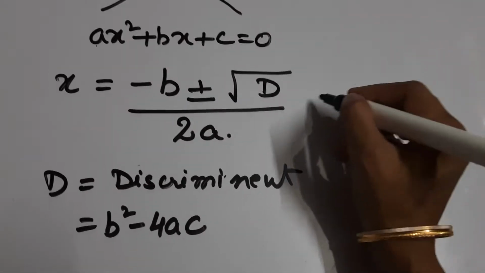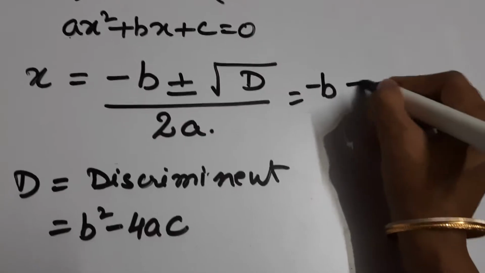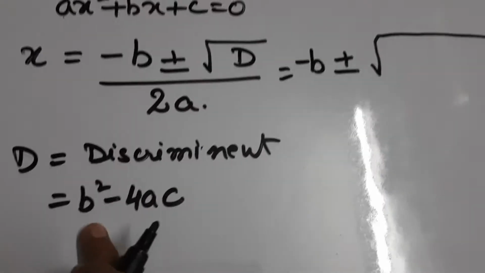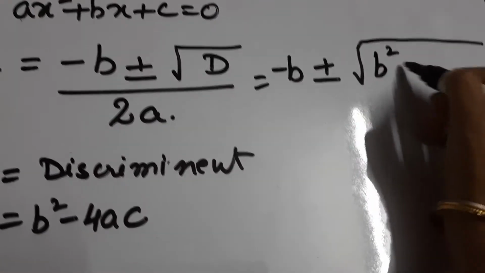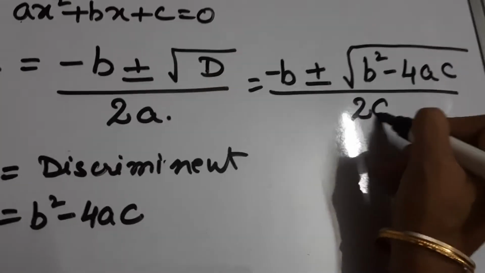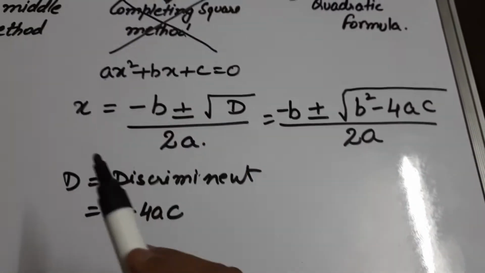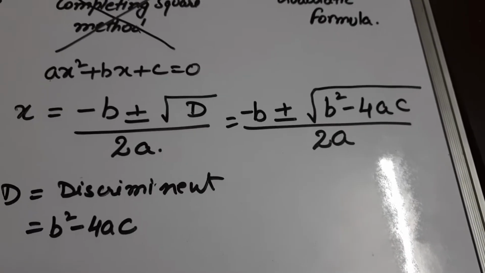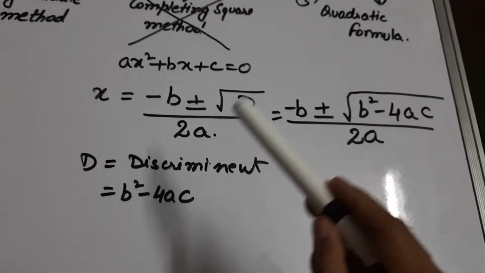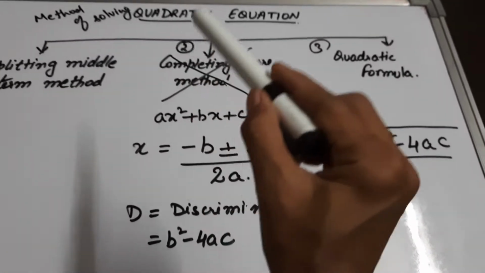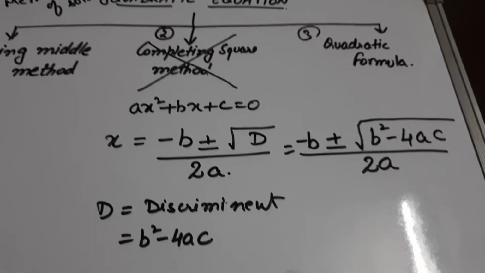So we can write this formula as minus b plus minus under root d, or we can also write it as minus b plus minus under root b square minus 4ac, upon 2a. So this is the method to get the roots of the quadratic equation, and this formula is known as the quadratic formula of solving any quadratic equation, right?